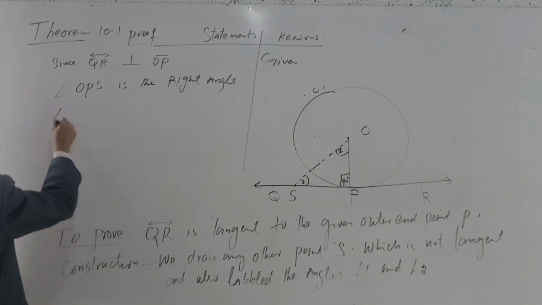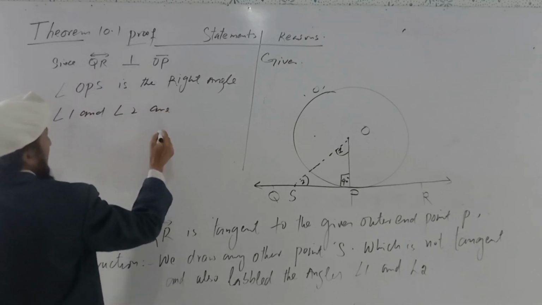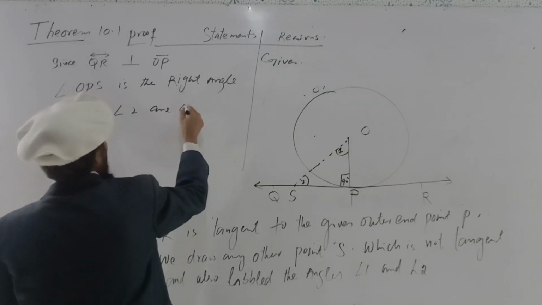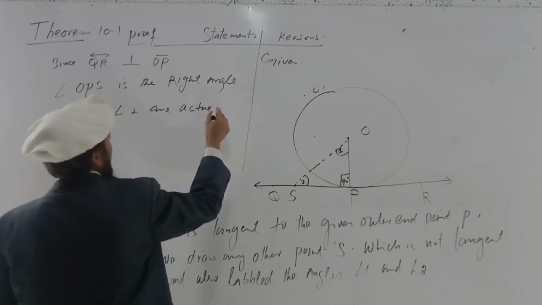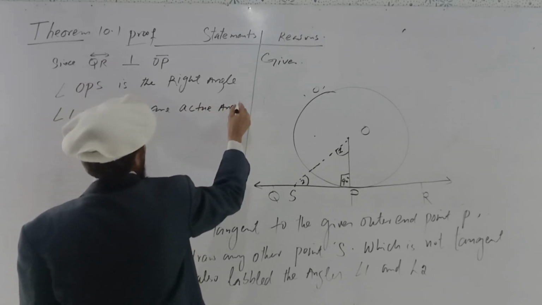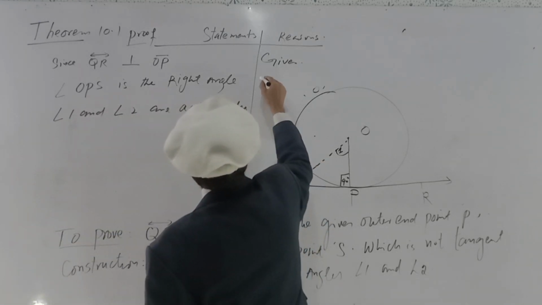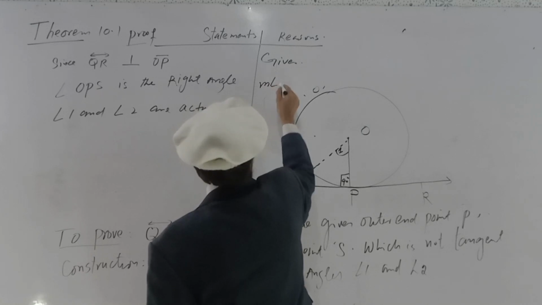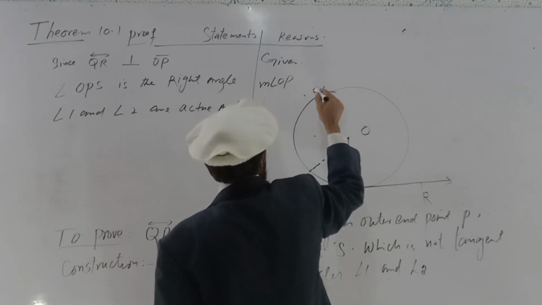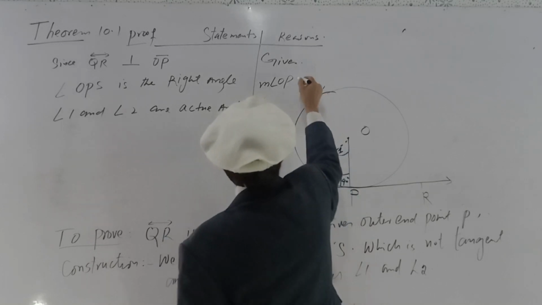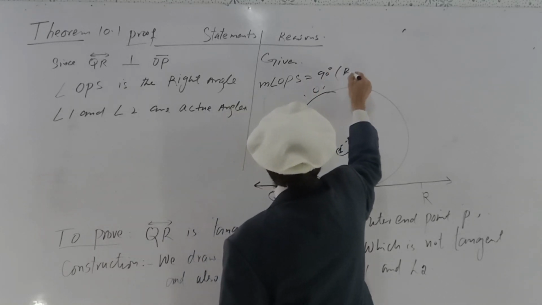Angle 1 and angle 2 are acute angles, because the measurement of angle OPS is equal to 90 degrees, which is a right angle.